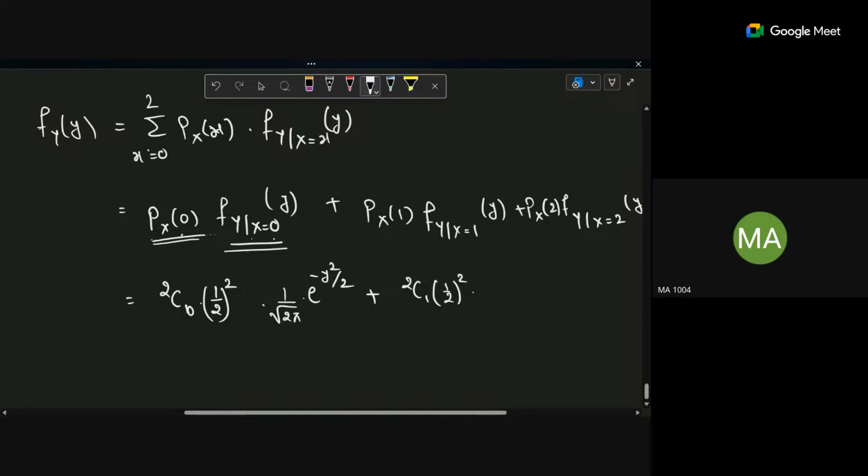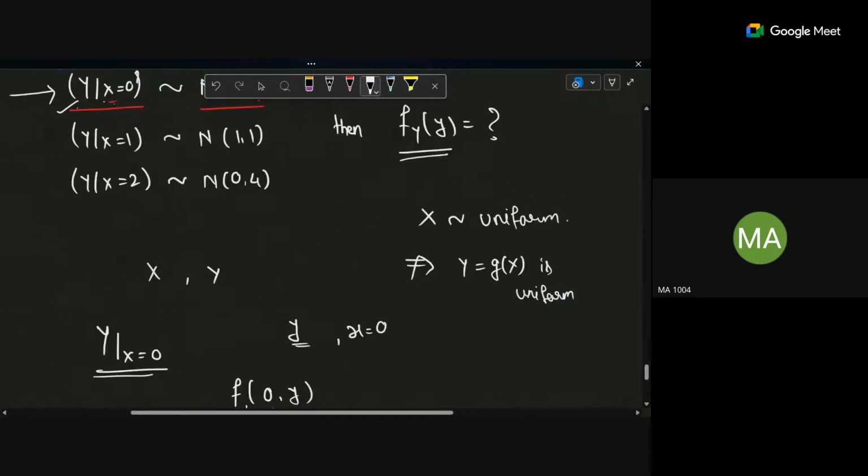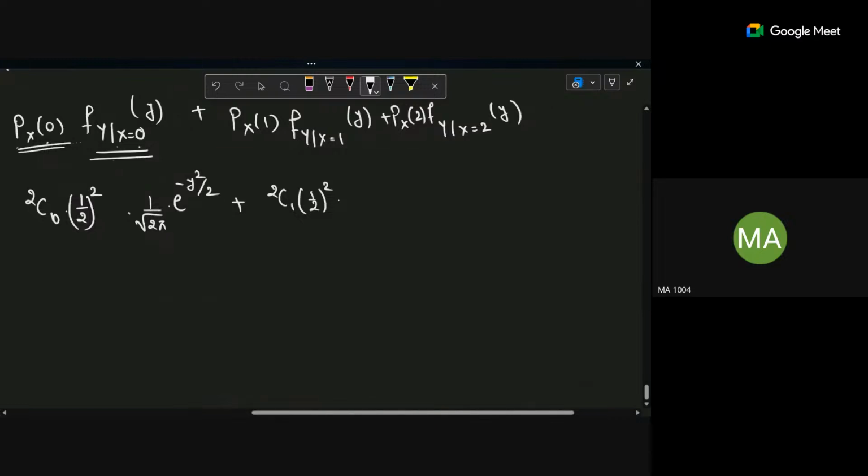Fy, okay. Now y given x is equal to 1. This is following which normal distribution? With mean 1 and variance also 1. Then the formula is 1 upon square root 2π into variance, that is 1. And e to the power what? Minus (1 minus y) the whole square.